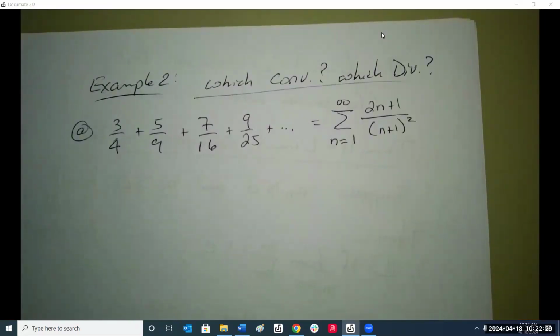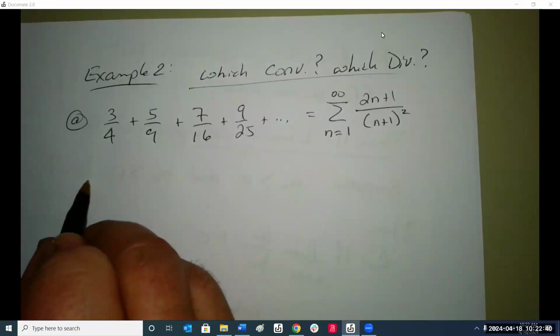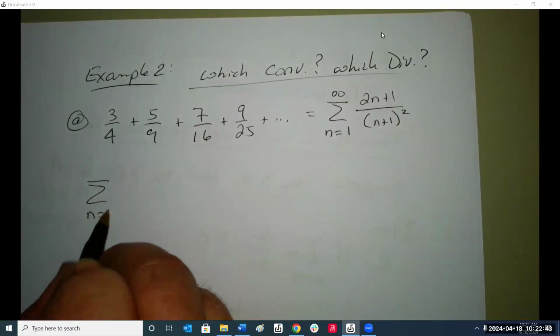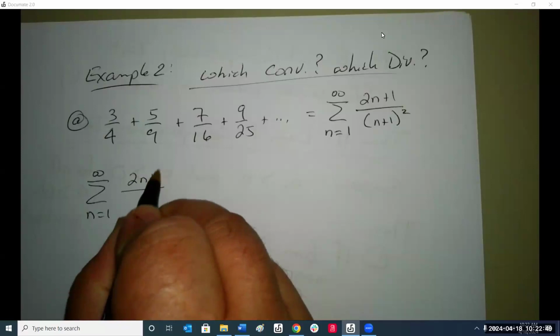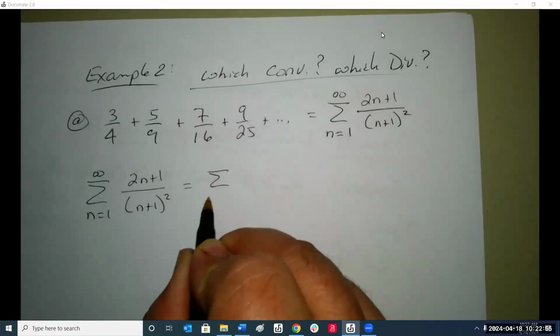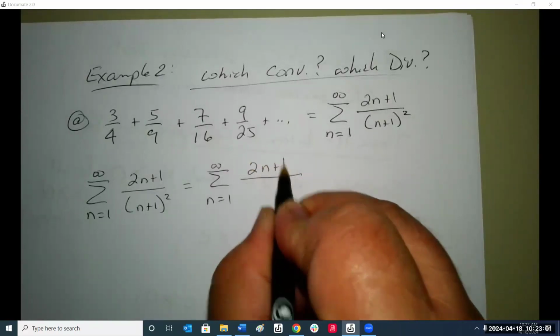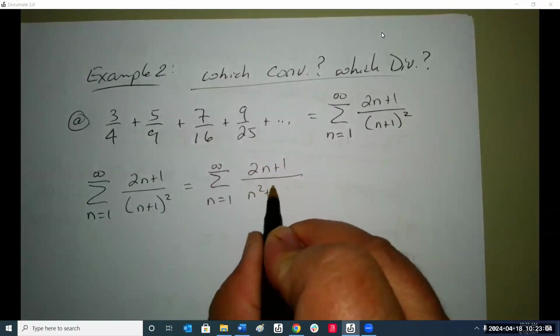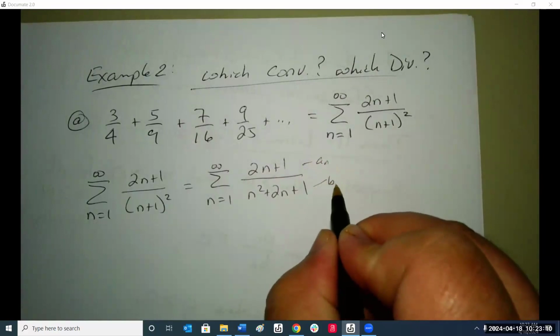All right, so which one converges, which diverges? We'll be looking at theorem 11, to see what happens here. So we have the summation of n equals 1 to infinity of 2n plus 1 over (n plus 1) squared. Just in case, we FOIL the bottom. So that's a sub n, and this is b sub n.